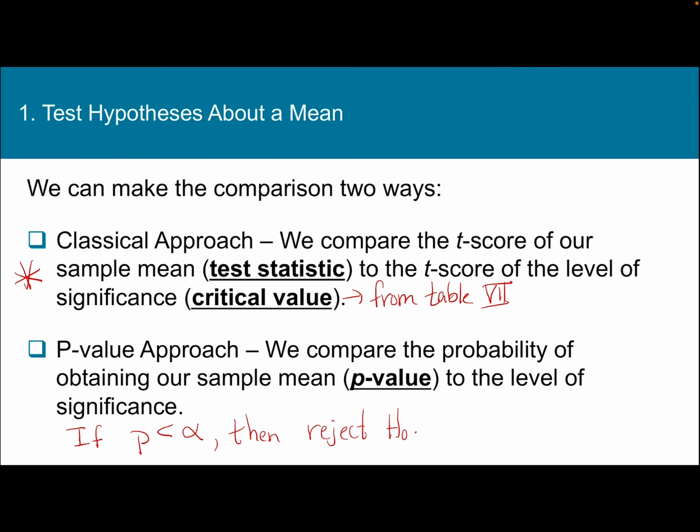Now, unless you're using a spreadsheet or other type of computer program, or you're using a TI-83/84 graphing calculator or other type of graphing calculator, the p-value is difficult to work with by hand. That's why we are going to focus on that classical approach, and it's a great introduction to our hypothesis testing.